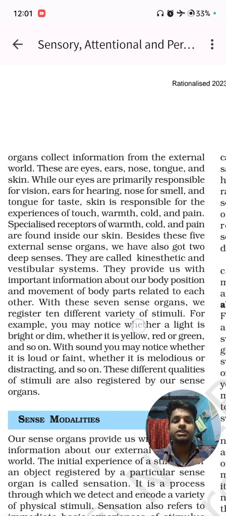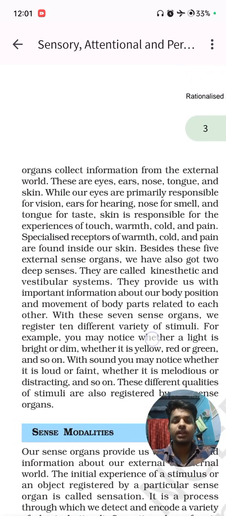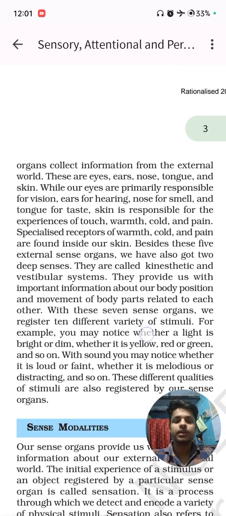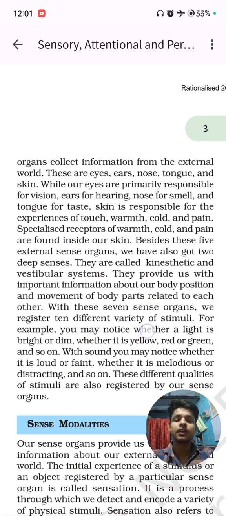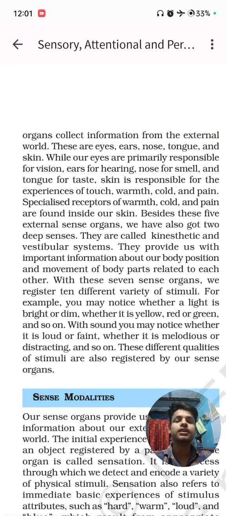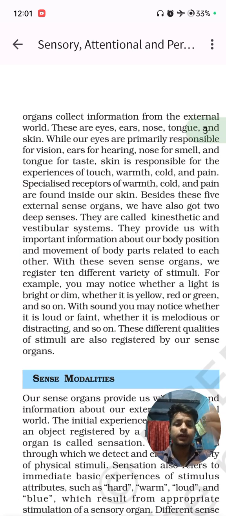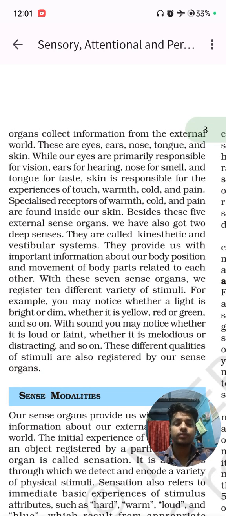These are eyes, ears, nose, tongue, and skin. While eyes are primarily responsible for vision, ears for hearing, nose for smell, and tongue for taste, skin is responsible for the experience of touch, warmth, cold, and pain. Specialized receptors of warmth, cold, and pain are found inside our skin.